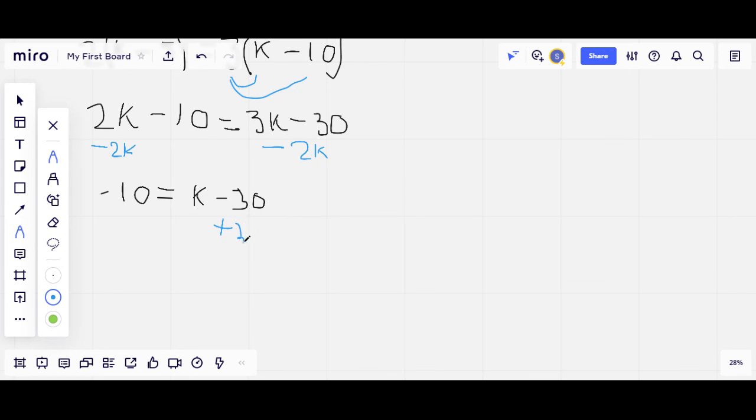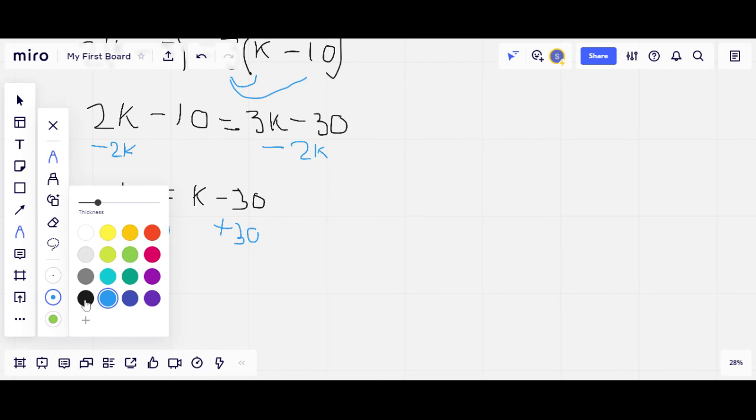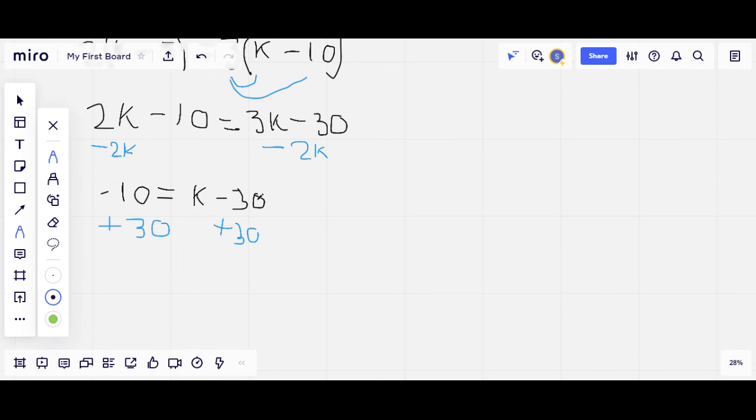So I would just plus 30 to both sides. That'll give us our final answer. So we add plus 30 to here, that'll cancel out that. And then we've got plus 30 onto this negative 10, which will give you 20. So 20 is equal to K.